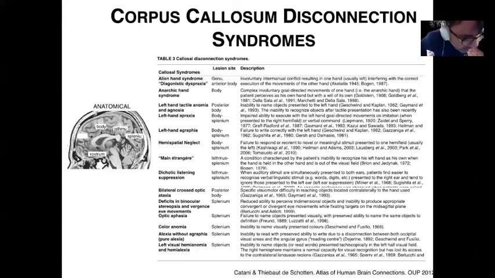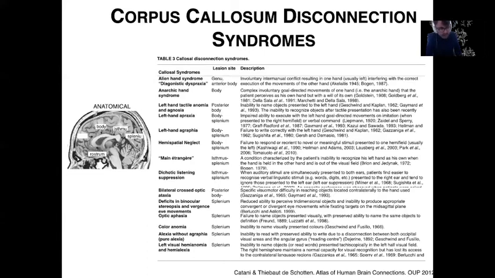And finally, with the disconnection of the splenium, you can have a left visual hemianomia and hemialexia, which is the inability to name objects presented in the left visual field. The right hemisphere continues to maintain the capacity for visual recognition, but it has lost access to the contralateral language region, and that's why you cannot name those objects.